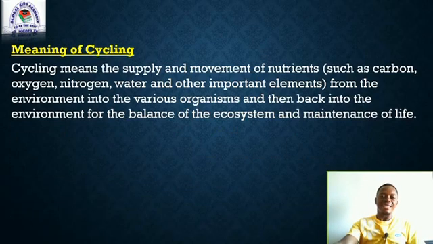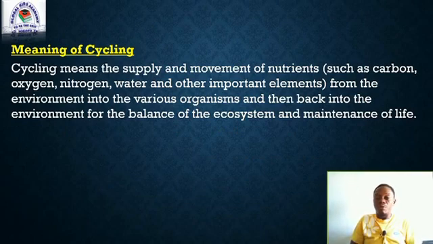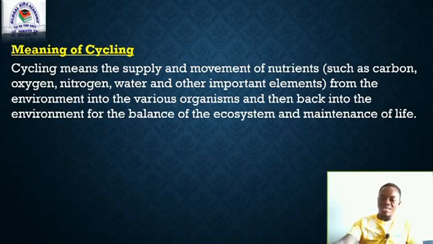Meaning of cycling. Cycling means the supply and movement of nutrients. These nutrients include carbon, oxygen, nitrogen, water, and other important elements from the environment into the various organisms, and then back from the various organisms into the environment for the maintenance of life and also the balance of the ecosystem.